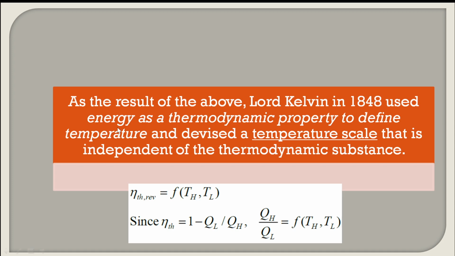He concluded that the efficiency of any reversible heat engine could be expressed as a function of the temperatures of the high temperature and low temperature reservoirs alone. Thermal efficiency of a heat engine is a function of TH and TL alone. Thereby you can write the efficiency of a Carnot heat engine as we have expressed, 1 minus TL by TH.